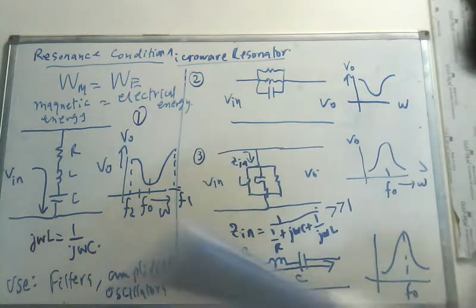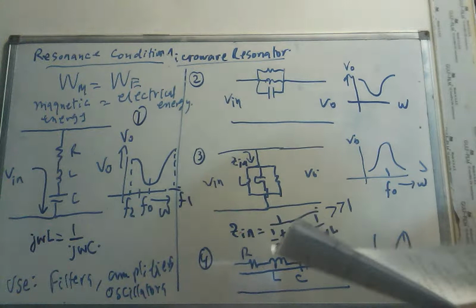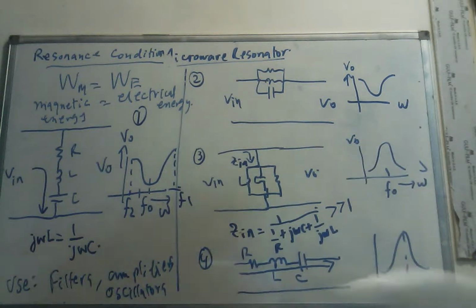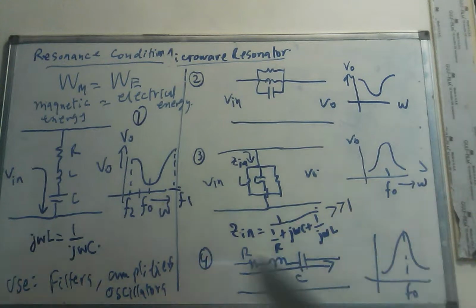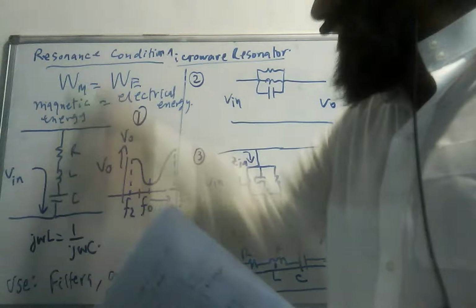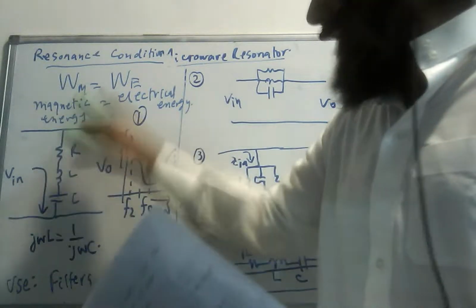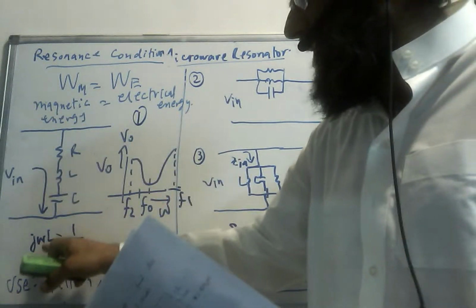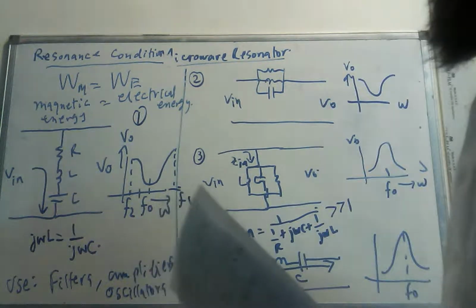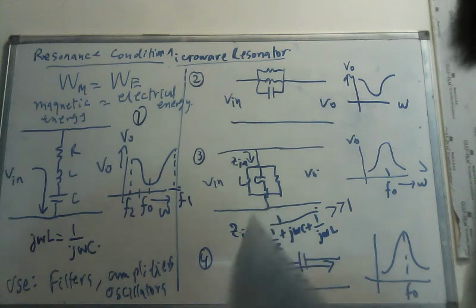And we will look at some of these parameters in the next part of the lecture. So this is the condition, and this condition also comes from this condition. At that point, the inductive reactance is the negative of the capacitive reactance.